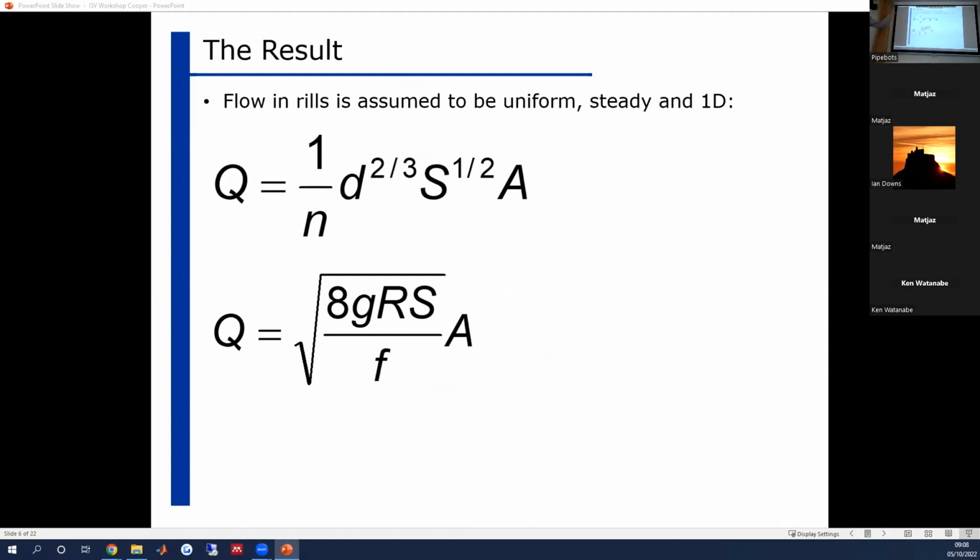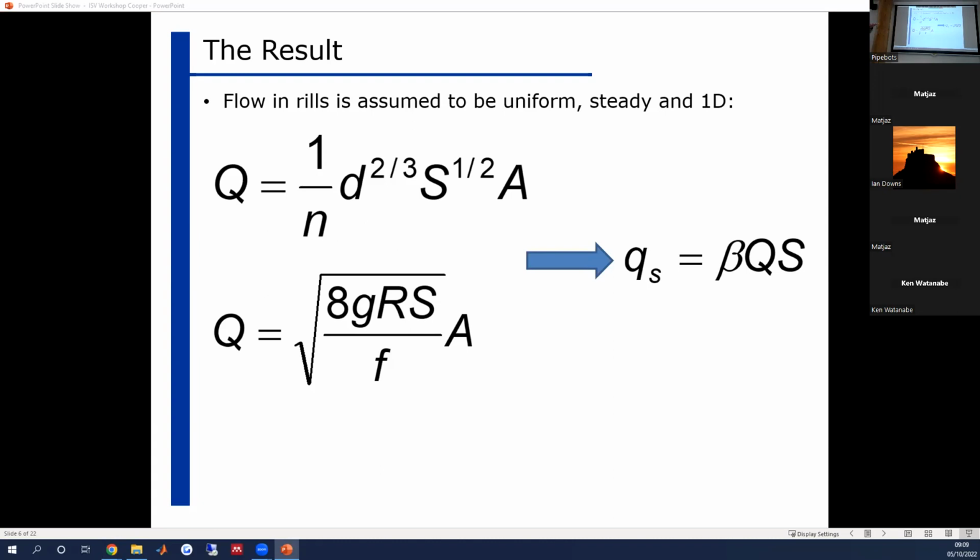So whether it be something like the Manning's equation or the Darcy-Weisbach equation. And the consequence of that is, if you want to work out soil erosion rates and model those soil erosion rates, you get these very simple relations between the discharge that's coming off the block and the slope of the particular hill slope, and then calibrated with some kind of coefficient beta.